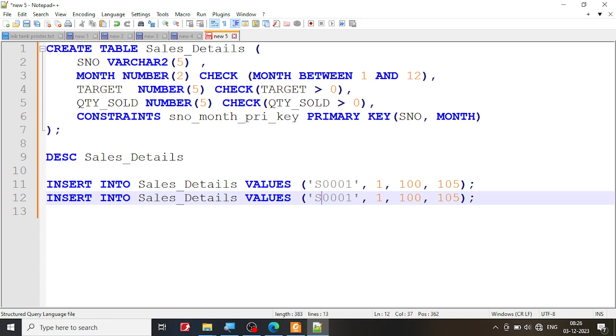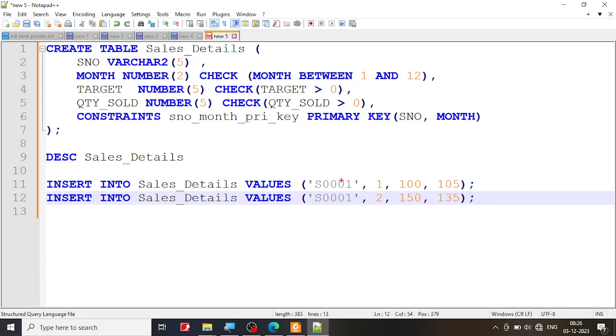For the same salesman number, 1001, in the month of February, the target given was 150, but let's say the salesman failed to meet that.